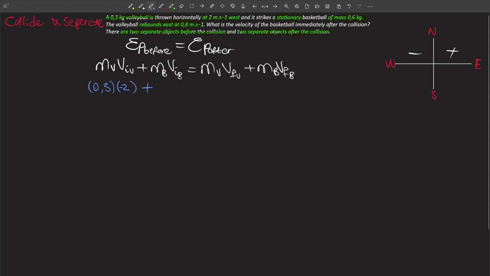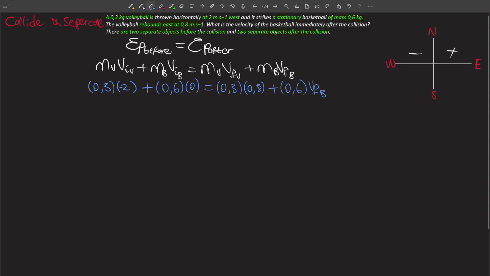Then plus the mass of the basketball, which is 0.6 kilograms. The initial velocity is 0, and here the mass is still 0.3. The final velocity now is 0.8 because it's moving towards the east. And now here the mass is still 0.6, and we are looking for the final velocity of the basketball.